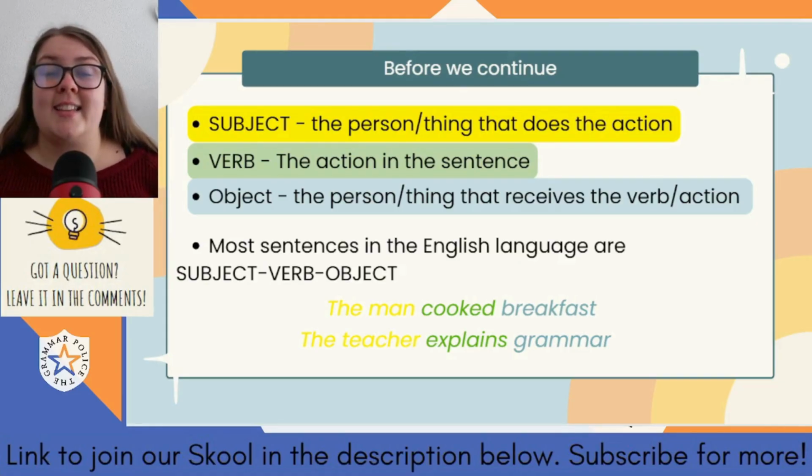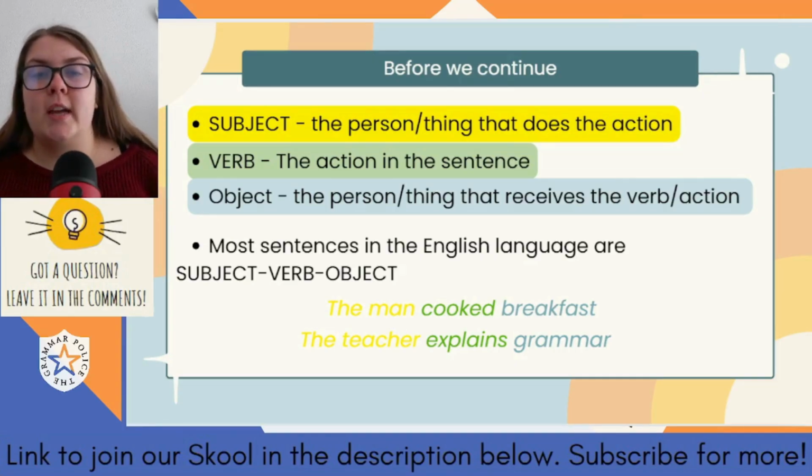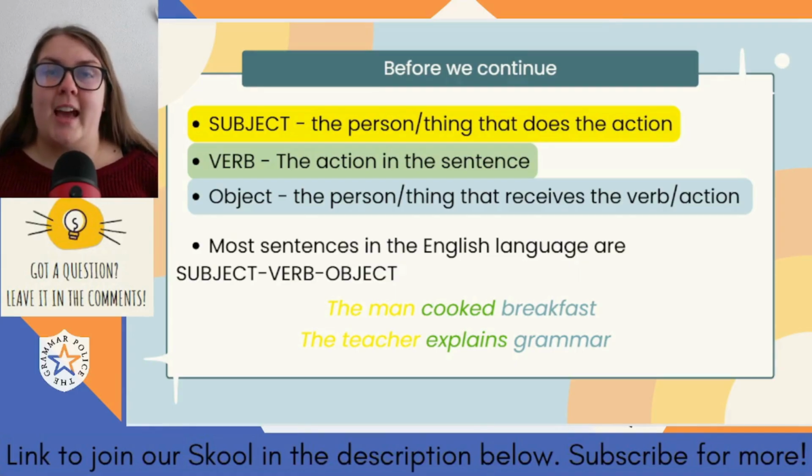So, in the sentence, Emily eats cake, eats is the action, eats is the verb. And the object is the thing or the person that receives the action or the verb. So in the sentence, Emily eats cake, the cake is what receives the action of eating.